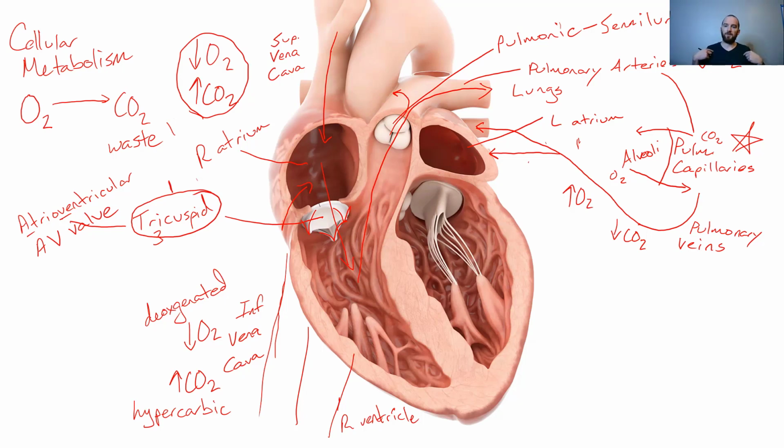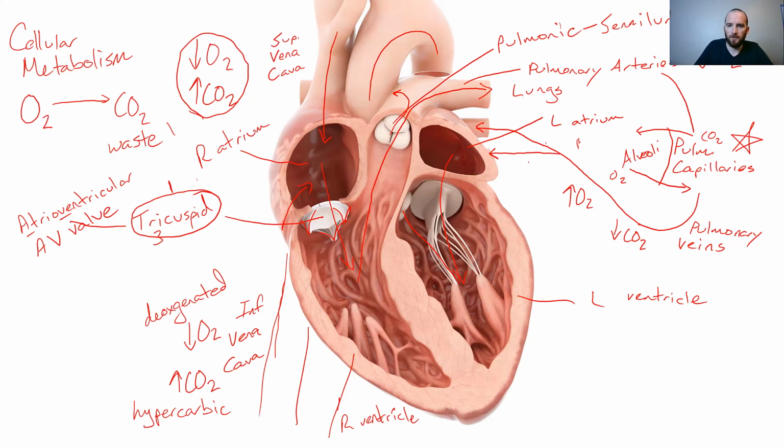And the left atrium's function is to receive that blood back from the lungs and send it down to our left ventricle. Then that left ventricle is going to pump that blood out, through one extra valve right here, out the aorta throughout the rest of the body.